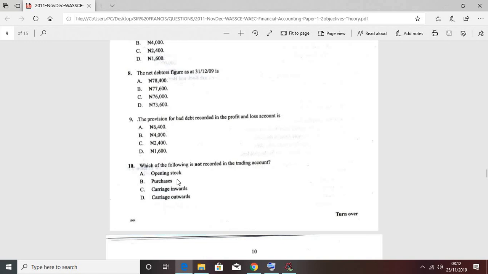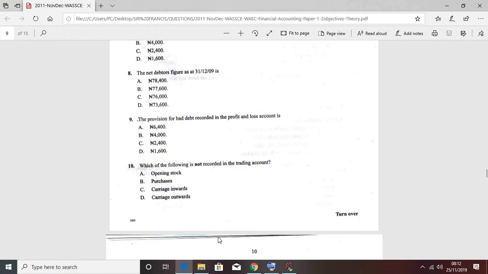Carriage outward has to do with the goods that we sold to the debtors, and when you are doing the transfer, the cost that you incur on them. So this one does not form part of the trading account. It is always found at the expenses side. But carriage inward has to do with the expenses that we incurred in bringing the goods into our business.